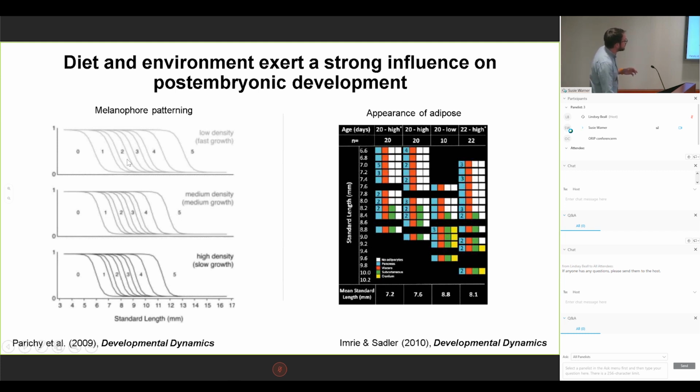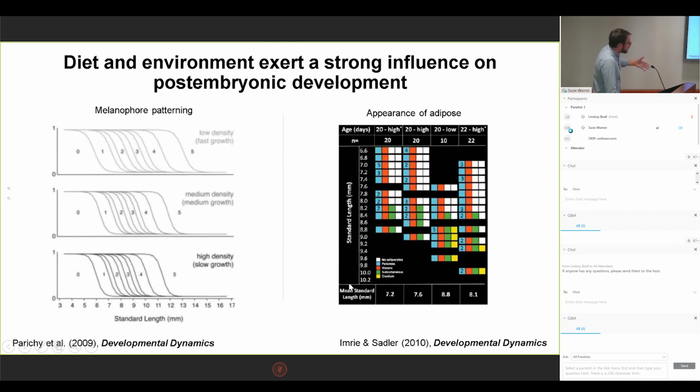So for two different traits, both melanophore development and also the appearance of adipose tissue, fish that are grown at different densities, low density and high density, and that's the same for this experiment here, as a proxy for food per capita, so food availability. So obviously fish grown at low density have more food available to them and grow at a faster rate.